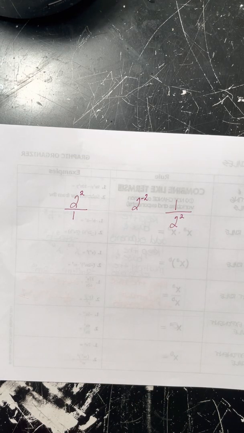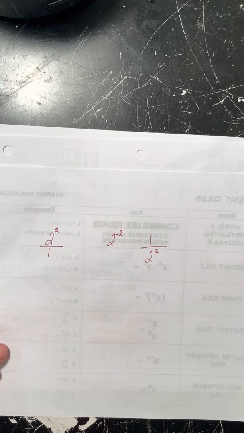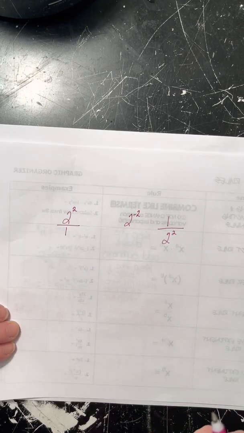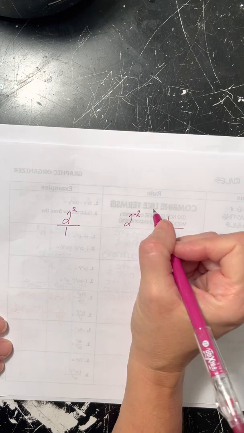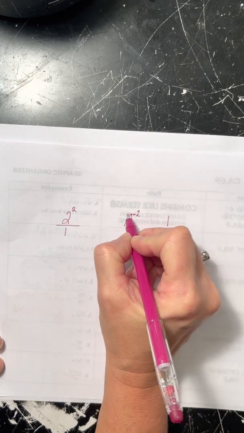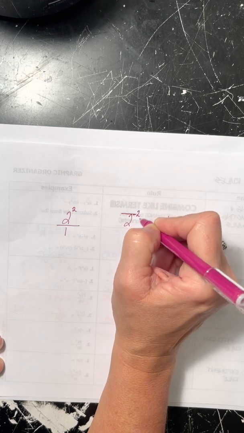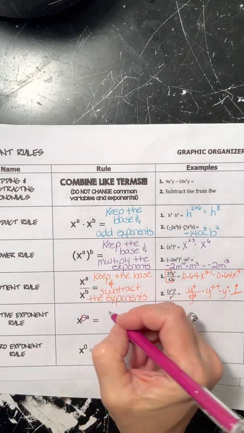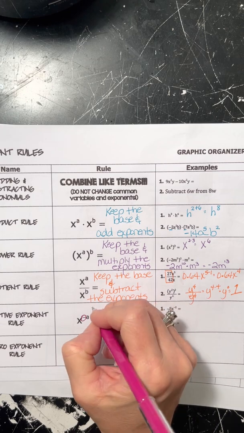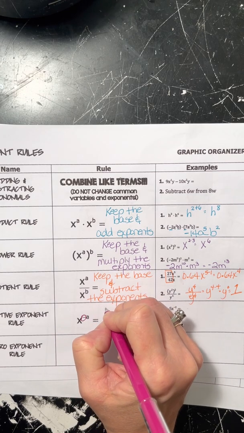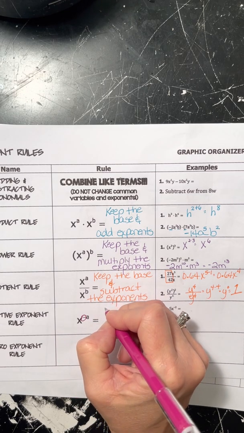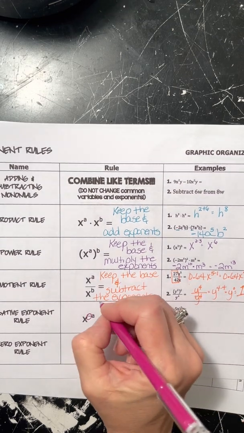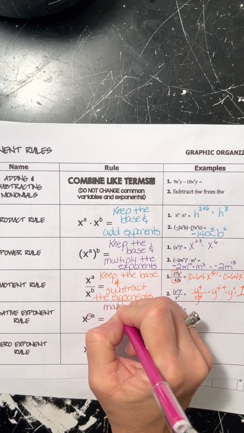One of those shortcut ways is to take that negative and turn it into a fraction bar and put all of this under the fraction and put your 1 right there. And that's how you set up a negative exponent. We're going to make this a fraction.